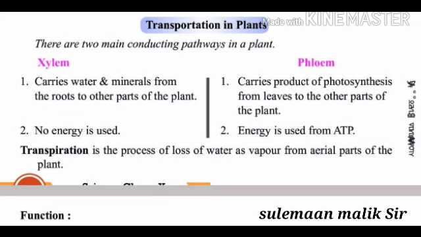The water is converted into vapor and lost from the aerial parts of the plant. These are the aerial parts of the plants. So transpiration is a process of loss of water as vapor from aerial parts.